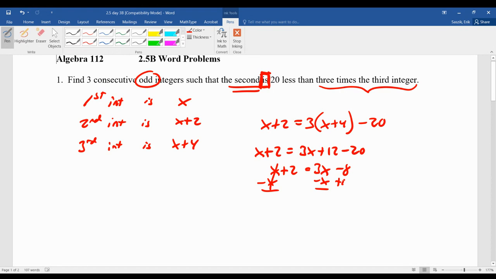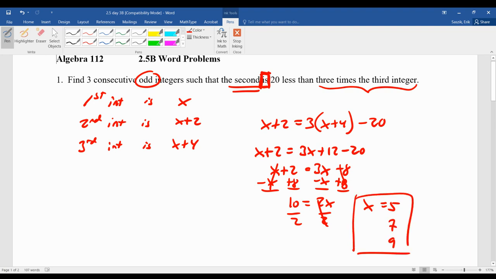Let's add the 8. 10 equals 2x. x equals 5. Now let's make sure we answer the correct question. Oh, actually it just says find all three integers. So if x is 5, the next odd one is 7, and then 9, and we're all set.